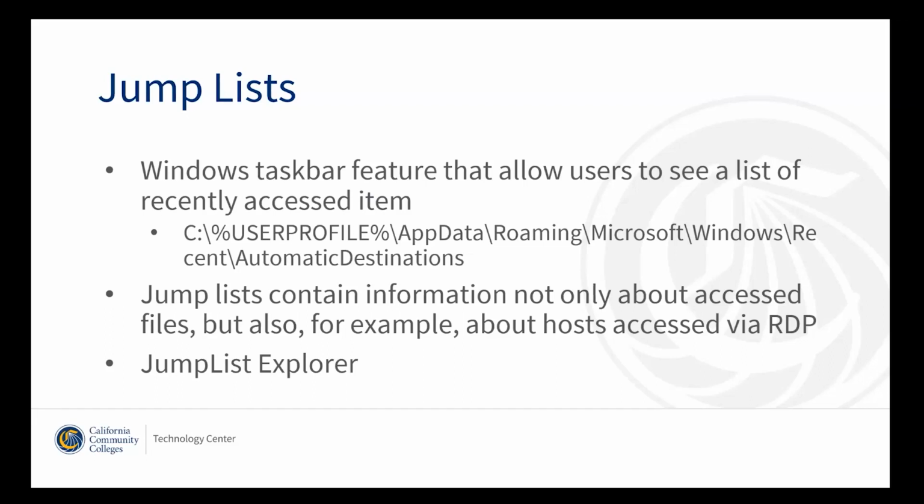It's a very nice way to get more evidence on system activity. There's Jump List Explorer, another nice tool which lets you quickly scan through the jump lists of that endpoint, and you get a profile of what files and destinations were accessed on this system.